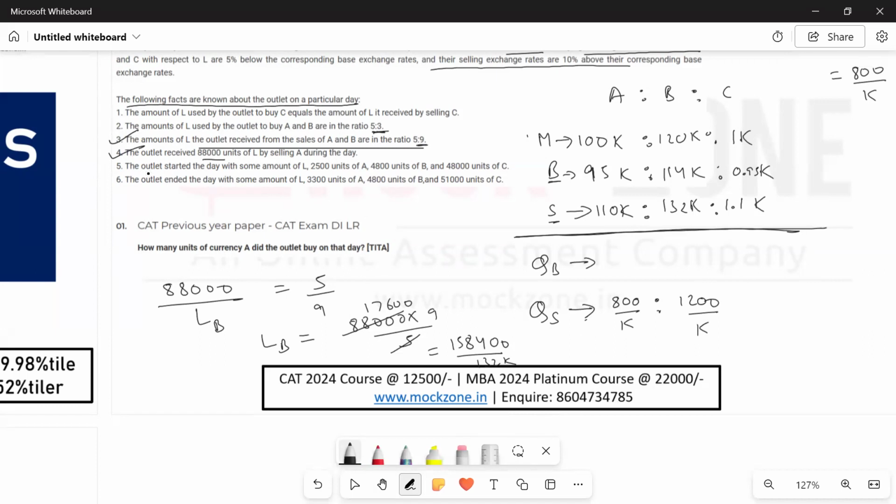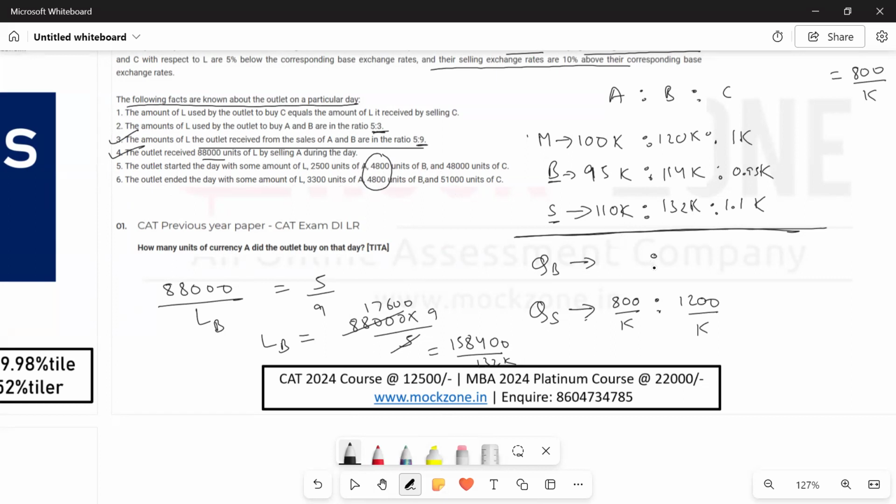The fifth statement says the outlet started the day with some amount of L, 2,500 units of A, 4,800 units of B, and 48,000 units of C. And the sixth statement says the outlet ended the day with some units of L, 3,300 units of A, 4,800 units of B, which is the same as the one it started with.